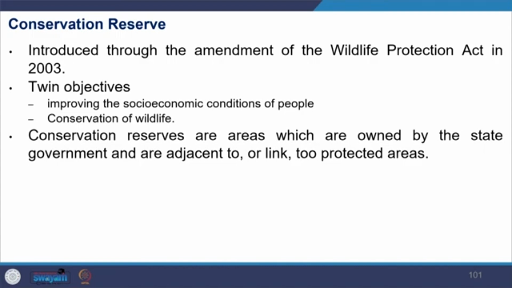So, looking at both aspects, not only protecting the wildlife, but also taking care of the people. Conservation reserves are areas which are owned by the state government and are adjacent to or linked to the protected areas. So, these are the surrounding areas. Anything adjoining the protected areas would fall under the conservation reserve or the community reserve area.